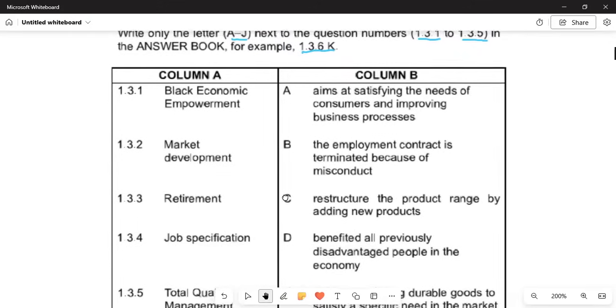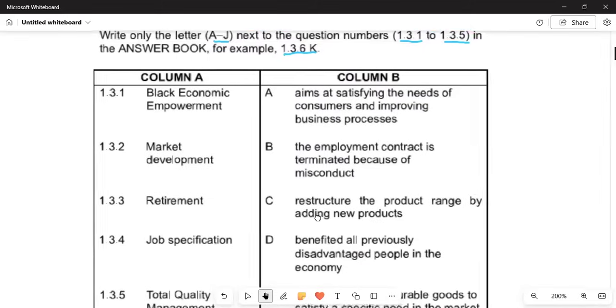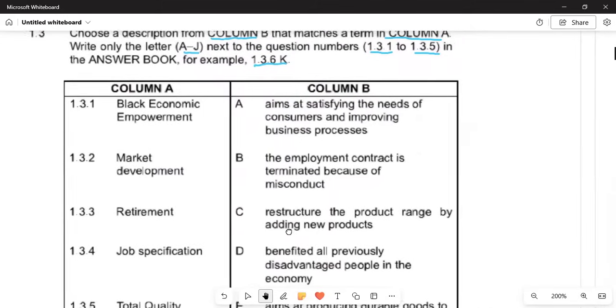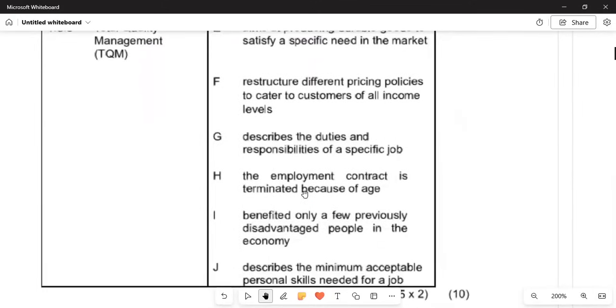So now let's move on to our first item, where it says Black economic empowerment. We want to see which statement in column B is going to match that. We can see that I is going to be the correct answer, because we are talking about Black economic empowerment.